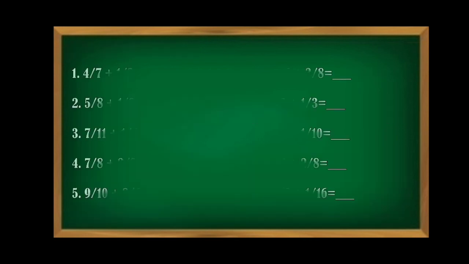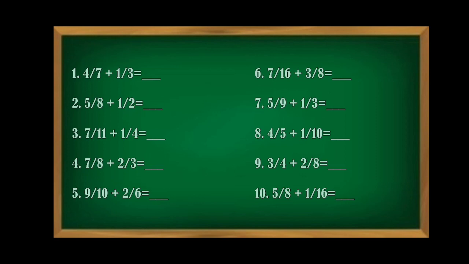Okay, so for number 1, 4/7 plus 1/3 equals. The correct answer is 19/21, that is letter E. For number 2, 5/8 plus 1/2 equals.